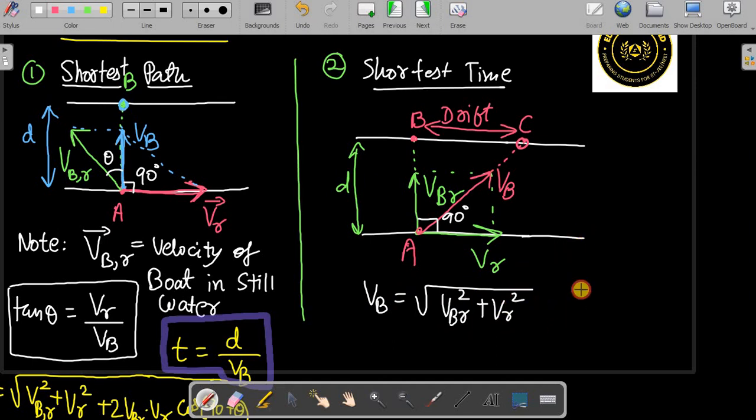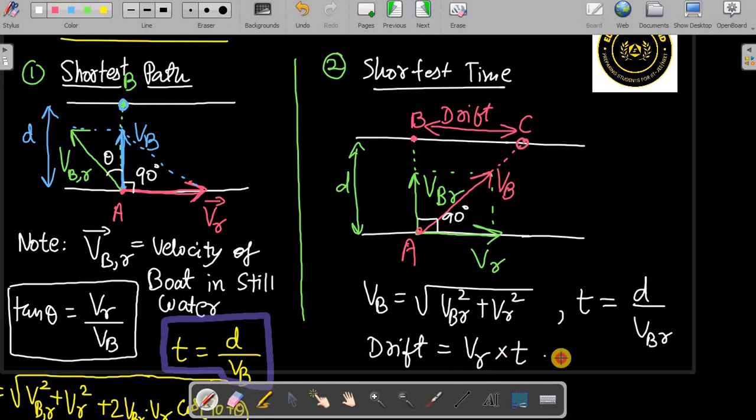Once you get this, time can also be calculated as distance d by speed along that direction, which is VBR, right? And what is the drift here? Drift is distance, which is speed into time, and the speed in that direction is VR. So VR into T. And T you can substitute, so this is d by VBR.